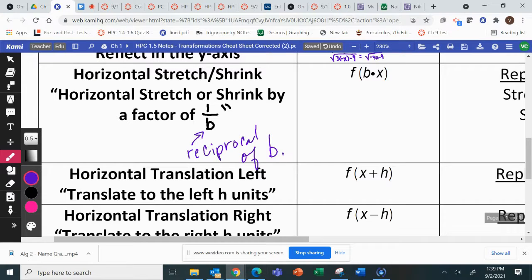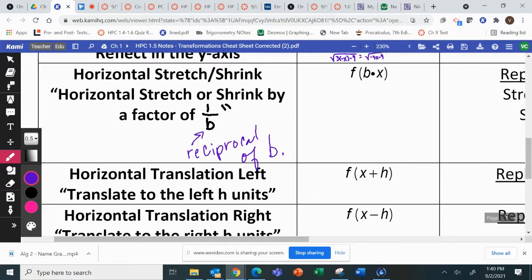If I say a horizontal stretch by a factor of, if I were going to give a number that would make sense in this sentence, horizontal stretch by a factor of, could somebody tell me a number? DJ? 10? Somebody else said 10. Okay. A horizontal stretch by a factor of 10 makes sense because stretch and 10 go together.